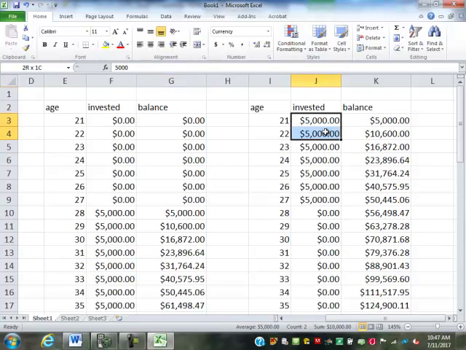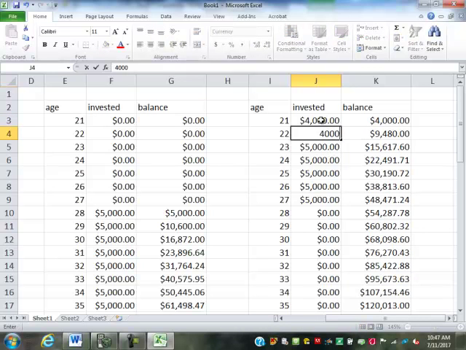Now, the only qualification for an IRA, a retirement account, is you can't put away more than your kid makes. So if your kid only makes $4,000, you can only put away $4,000 for them in a retirement account. But let's just say, okay, you put away $12,000. So you put away $4,000 a year for them for 3 years.